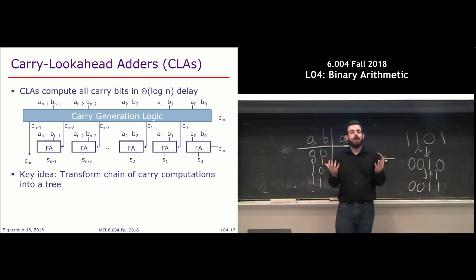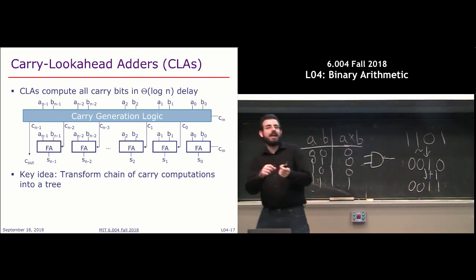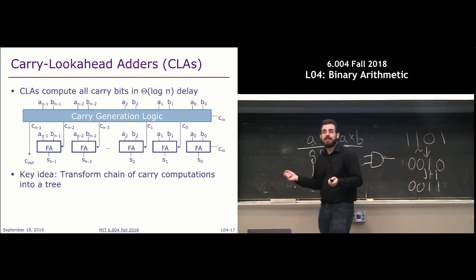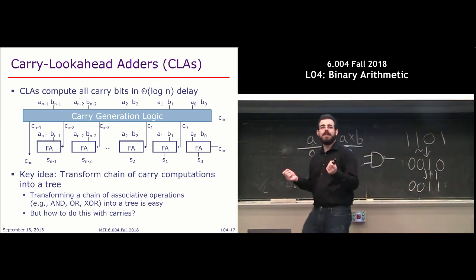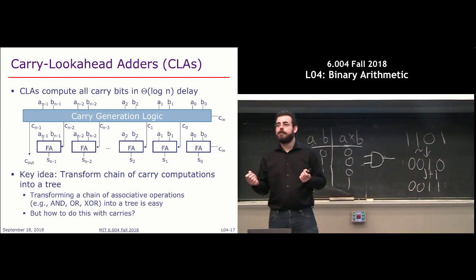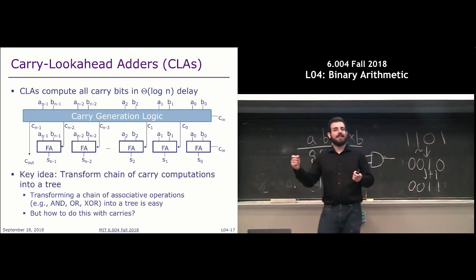And you might be wondering how you can do this, because if I give you a chain of AND gates or a chain of OR gates, do you know how to turn it into a tree? If I give you 32 AND2 gates all in a chain, how do you build a tree out of that?